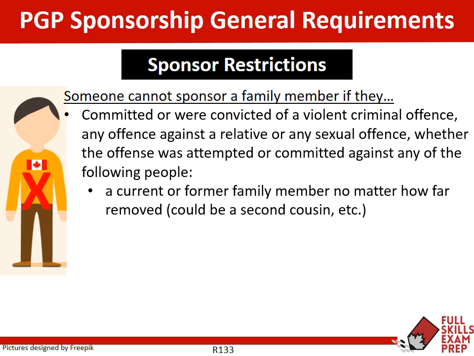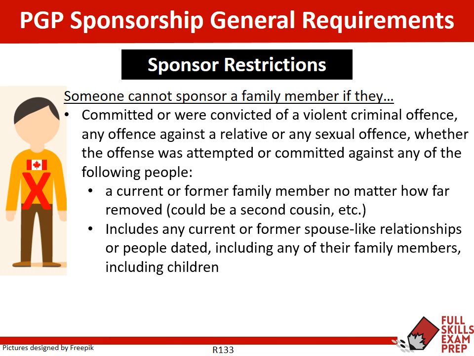Usually in immigration, you think of who you can sponsor and who you can't sponsor. So usually people think of parents, nephew, niece, maybe half brother, half sister, and that kind of thing. But with this restriction with regard to violence and sexual offenses, it can be pretty much any family member, no matter how far removed. So it could be, for example, the example over here is a second cousin.